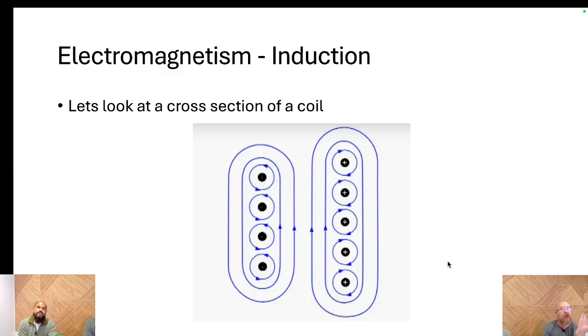Here is what we would look at if we were looking at a cross section of a coil. So if we sliced a coil in half, what we're looking at here, the little dots and the pluses with the circles on them, those are the cross sections of the wires that we would see. So essentially this is a coil that is looping back on itself in a spiral fashion.